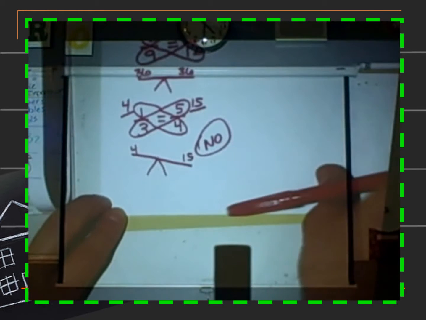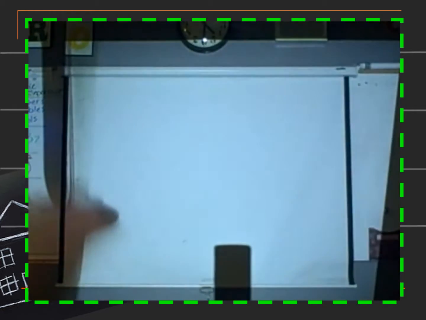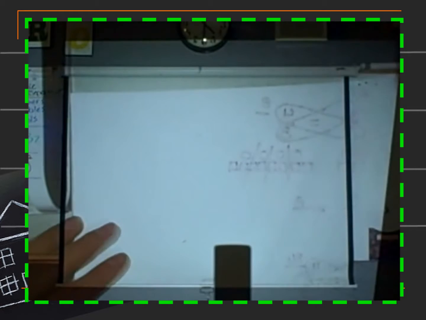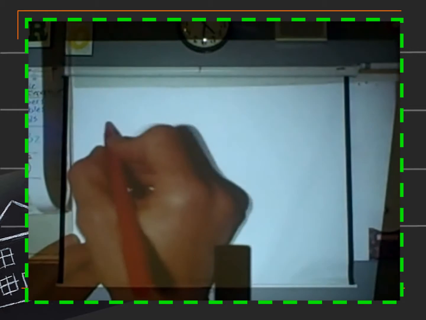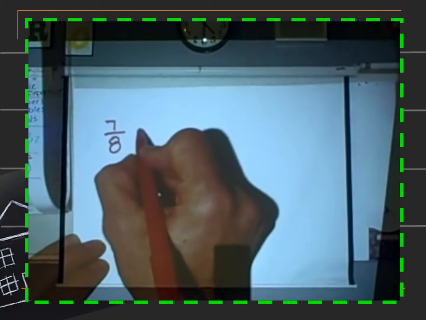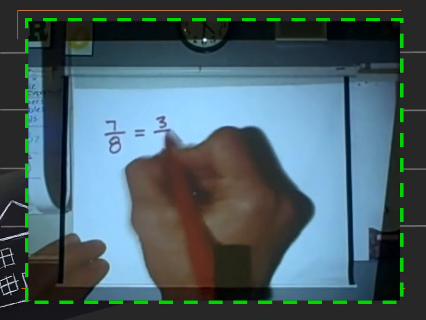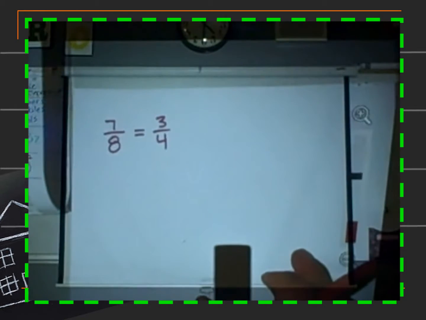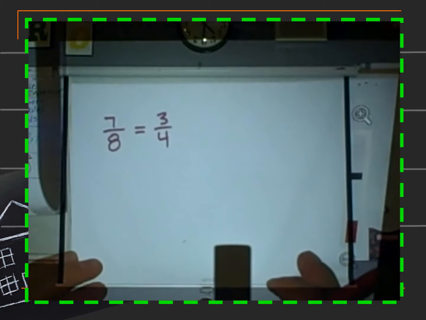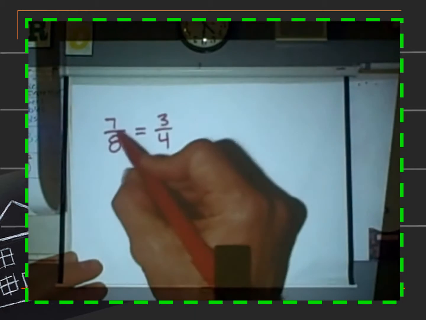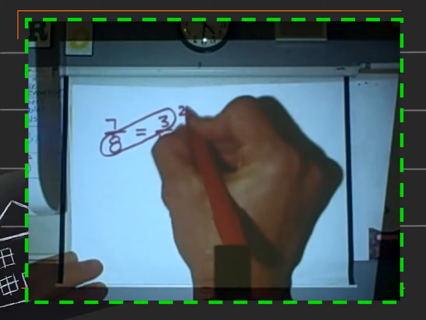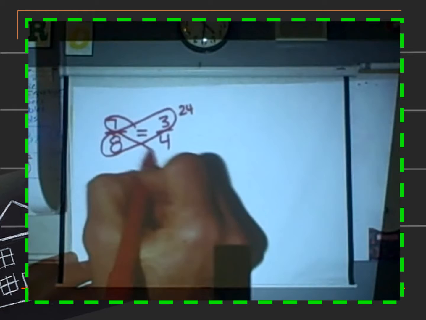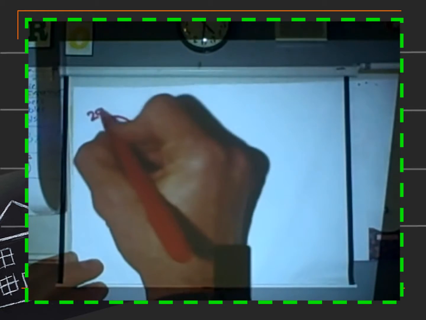Okay? Let's do one more example before you get started. All right, let's say that we have 7 to 8 equal to 3 to 4. The first thing we are going to do is find the cross products. 8 times 3 is 24. 7 times 4 is 28.